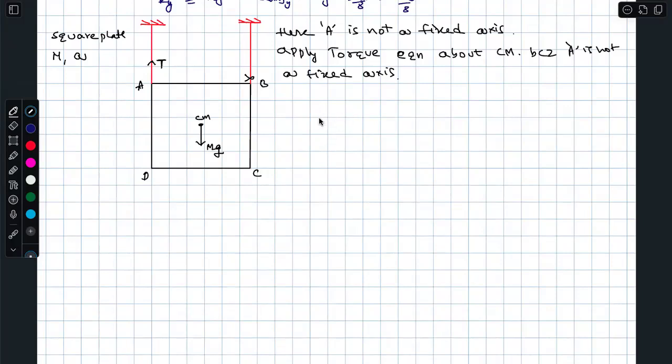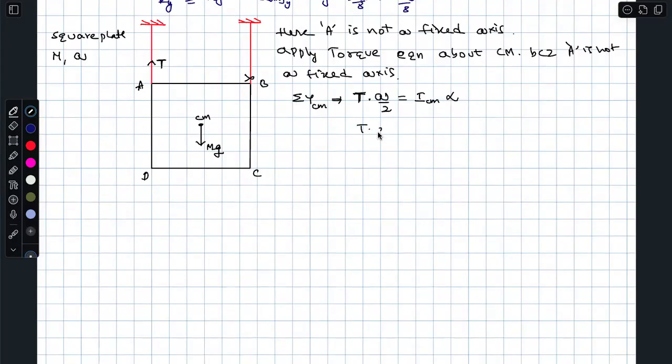So therefore, in the torque equation, sigma torque about the center of mass, the only force is the tension force. About the center of mass, what contributes torque? Tension only. Tension into A by 2 is equal to ICM alpha.